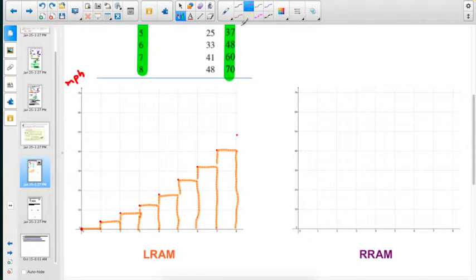This bobsled has a nice smooth movement, it's kind of nice and continuous as it speeds up. I'm not doing too good of a job drawing it, but it's got a nice smooth movement there as it speeds up.